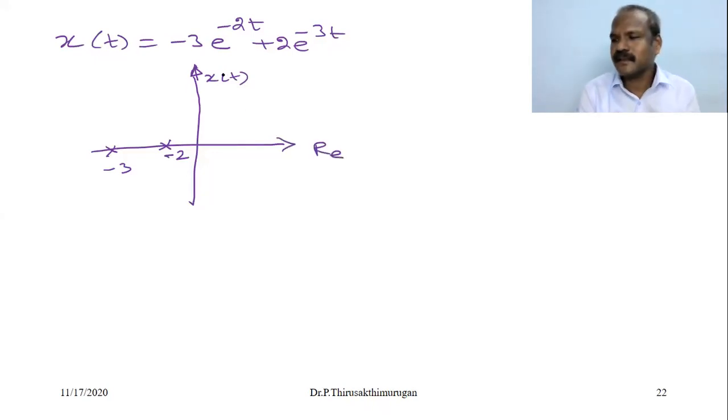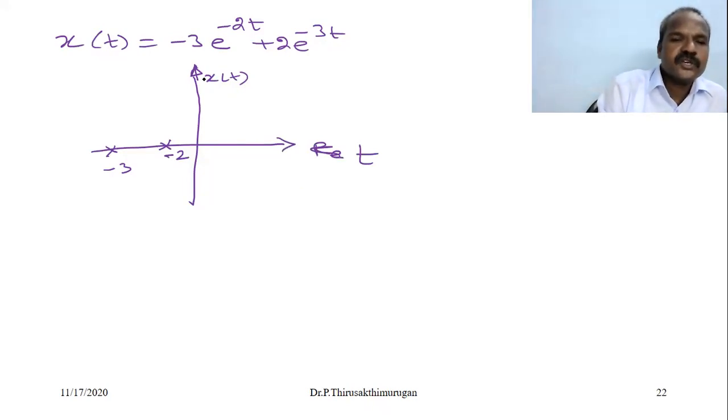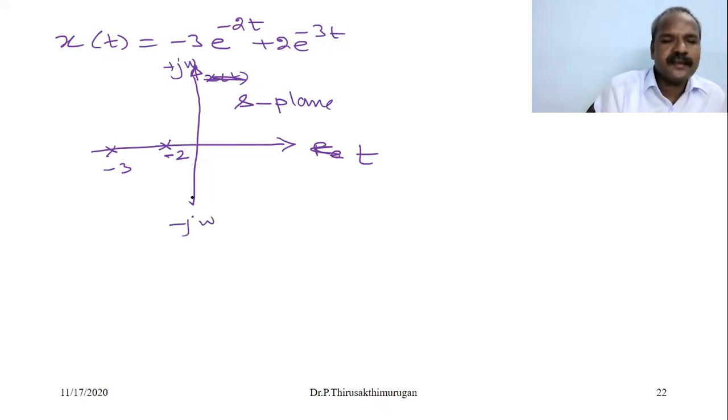This is x of t with respect to time t. On the side, this is the s plane, with plus j omega and minus j omega on the vertical axis, and minus sigma and plus sigma on the horizontal axis.